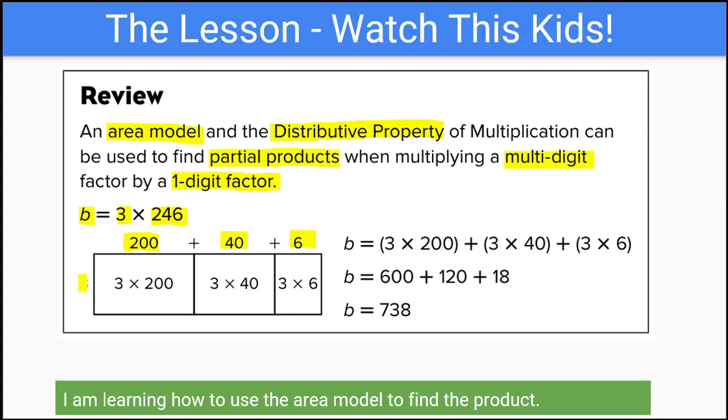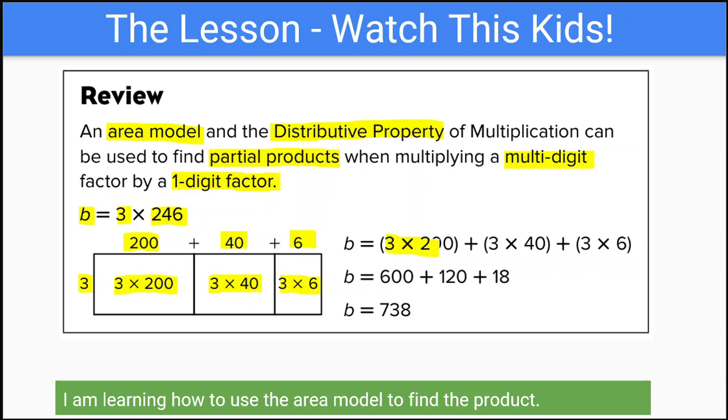And then they multiplied each one of those parts of the factor, one at a time. So we went 3 times 200, and that will give us a partial product. Then they went 3 times 40, and that will give us a partial product. And then they went 3 times 6. That will give us a partial product. And when we add all three of these together, we'll get the final answer.